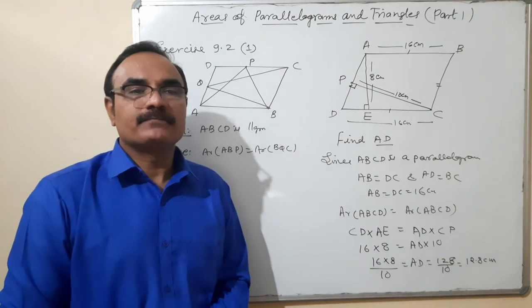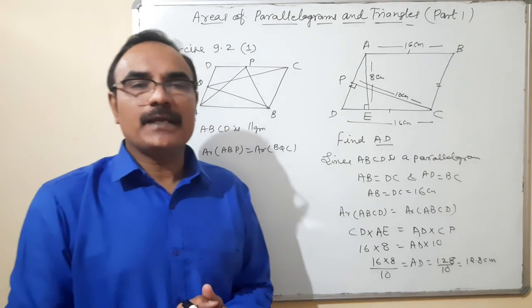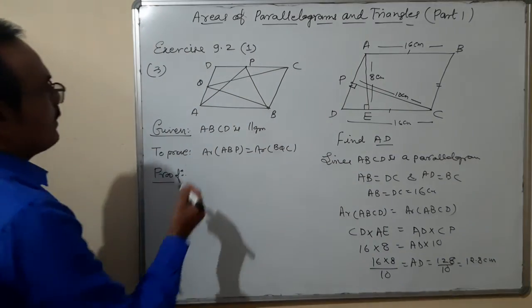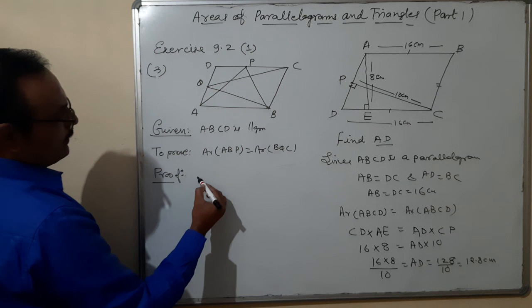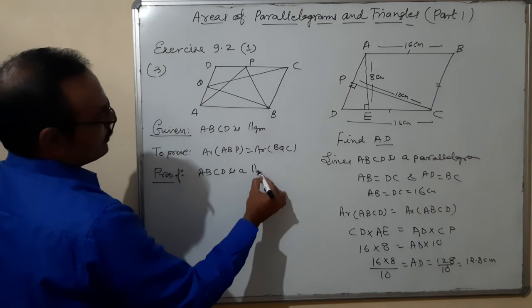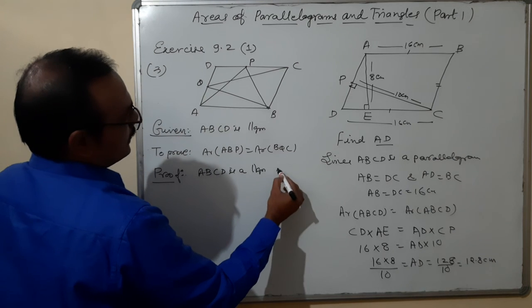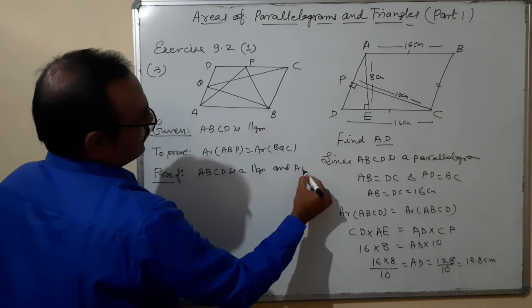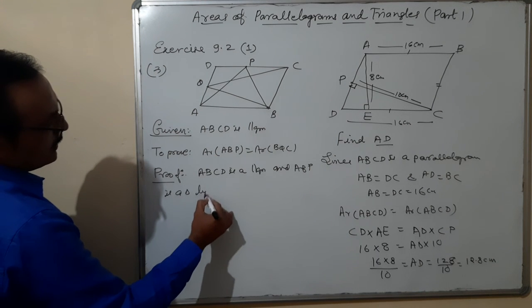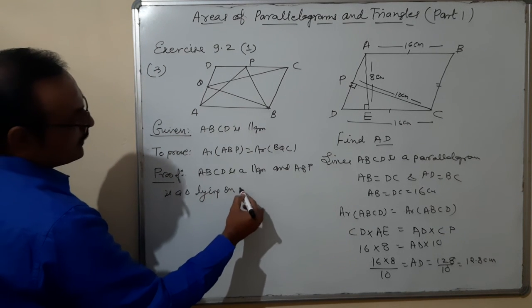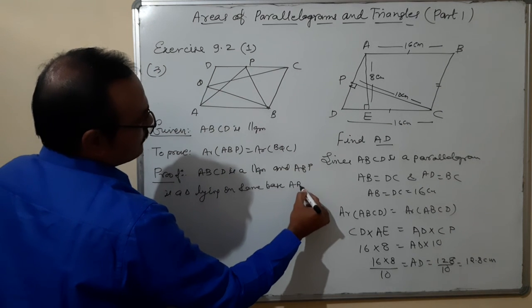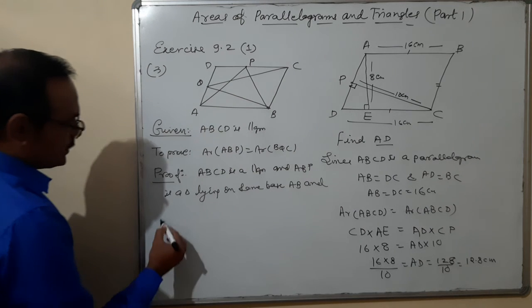Remember a theorem: the area of a triangle is half of the area of a parallelogram if they are on the same base and between the same parallels. Okay. So here you can see that ABCD is a parallelogram and ABP is a triangle lying on the same base AB and between the same parallels.